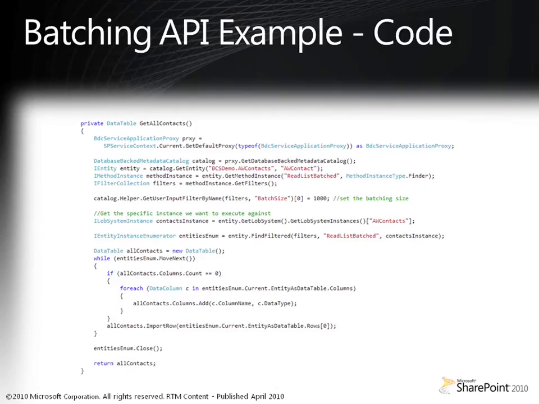We set the batch size of a filter to 1,000 to denote we want to receive batches of 1,000 contacts. We then call the find filtered method, which returns us an enumerator. We create a data table to populate it with the items we receive back from the BDC. In this particular implementation, my connector honored the batch size, and on the 101st call to move next on the enumerator, there was a slight pause while additional data was pulled from the line of business system.